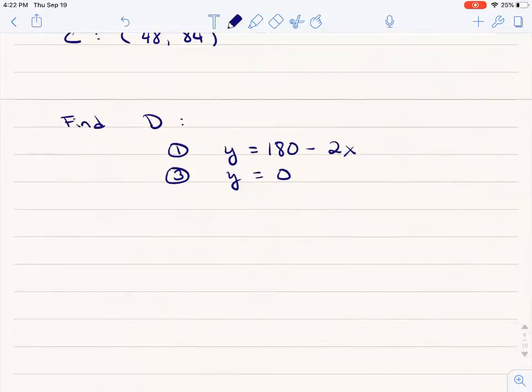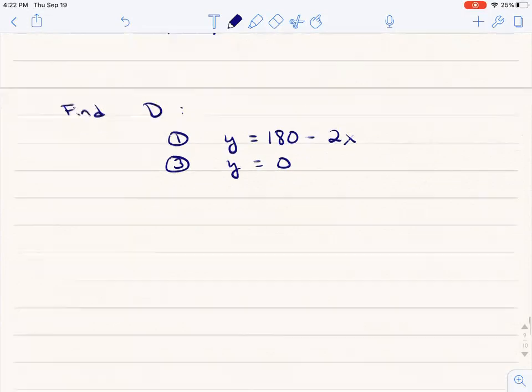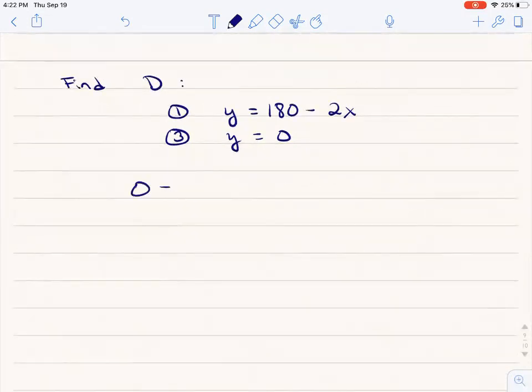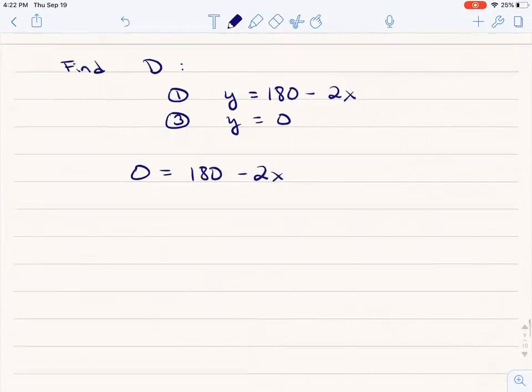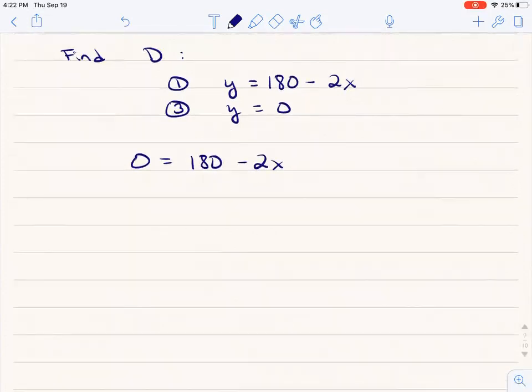So if we substitute y equals 0 into equation 1, right, we have to solve for x. So that's what we're looking for. What's the value of x when y is 0 here? And so we get 0 is 180 minus 2x. Solving for x, I'll pull the 2x to the left-hand side, so I get plus 2x, so 2x is 180.